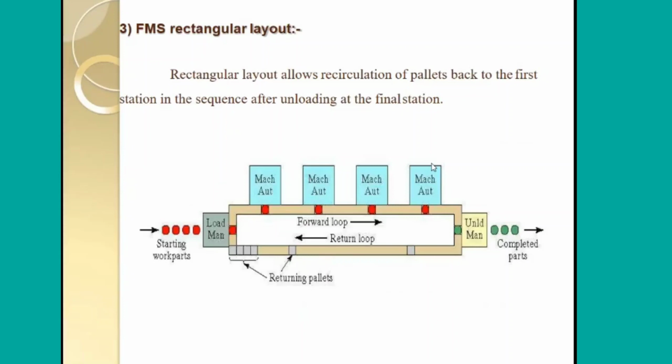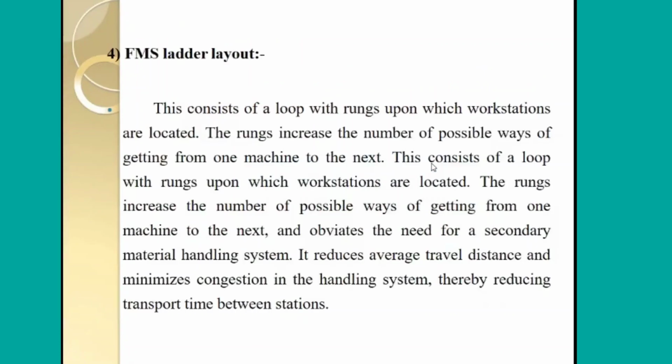Okay, this will be very effective. The error will be rectified in a loop layout by means of this rectangular layout. The recirculation of pallets back to the first station in the sequence after loading at its final station. So this is the FMS rectangular layout.